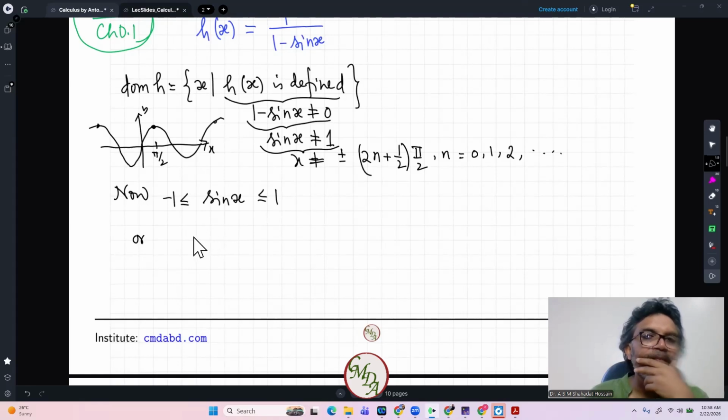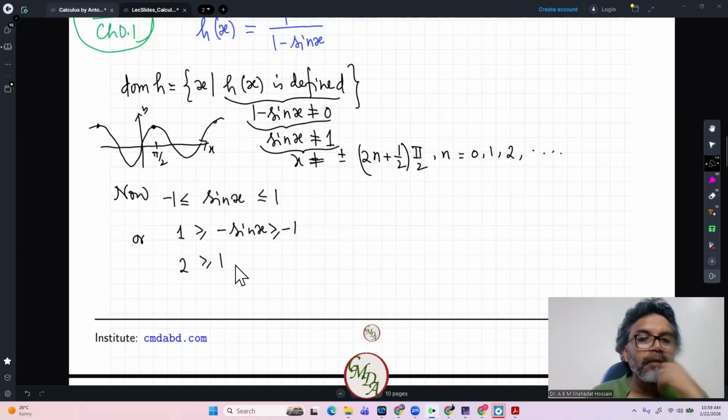So we multiply this, then the inequality sign will reverse, and then we add 1 to all sides, say it's 0. So that means we have 1 minus sine x.